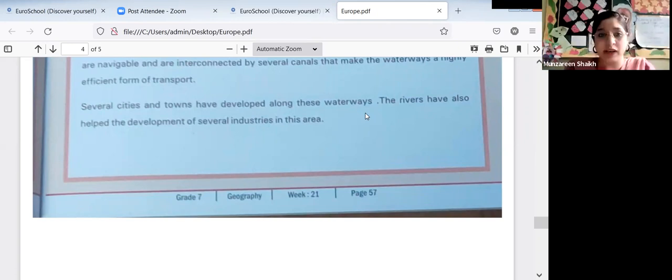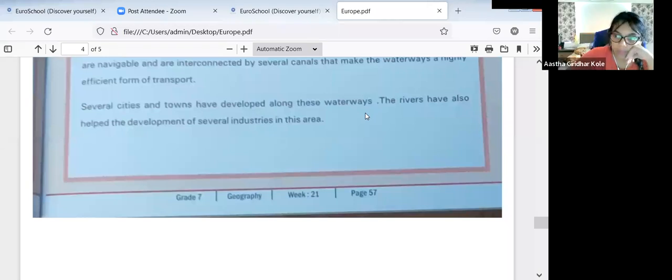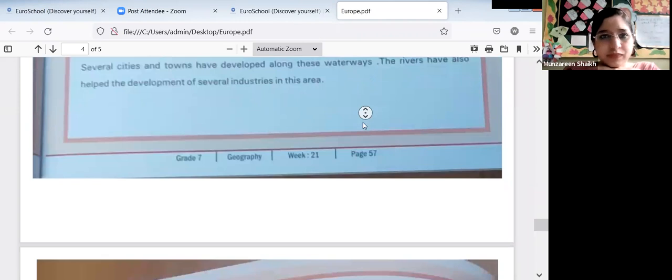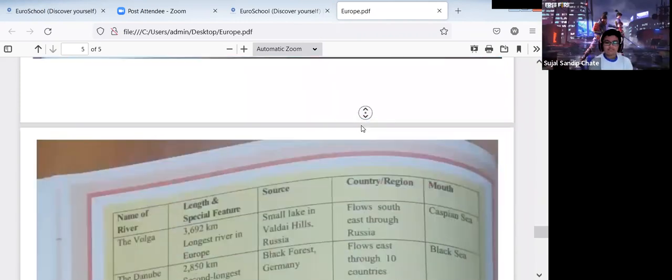Similarly, over here it is clearly mentioned that because of these rivers, several cities and towns developed, and since people started coming and living there, automatically the industries also developed. Clear? Have you all understood till here?